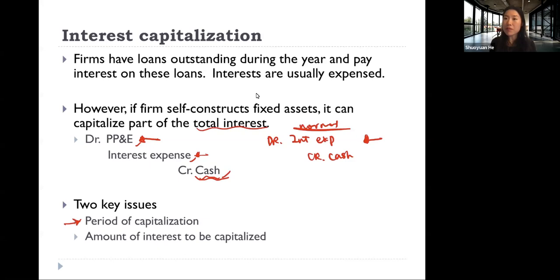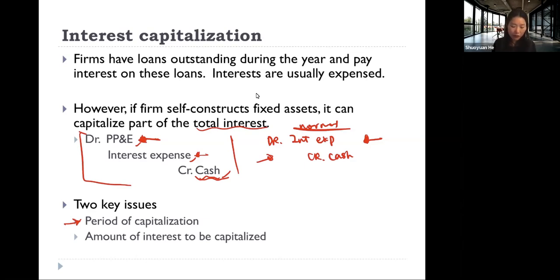However, if the firm is using part of that financed capital to self-construct a fixed asset, then we can use this general entry. The only difference compared to the normal case is that now we can capitalize part of that interest expense into the cost of the fixed asset.